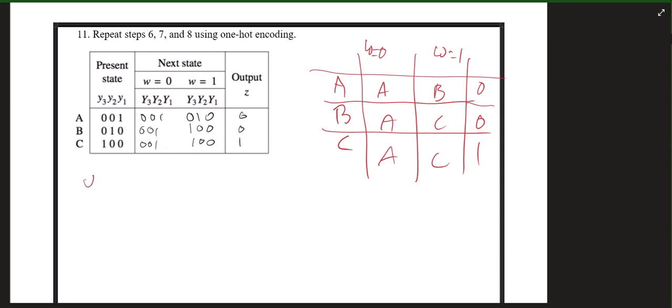So let's look at Y1. Y1 is 1 when W is 0, and it's 0 when W is 1. So Y1 is W bar.